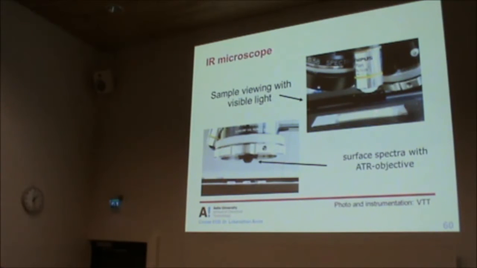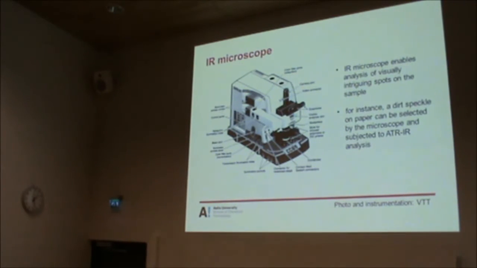So first you see where the measurement is happening through the optical microscope, and then you rotate the whole objective setup so that the infrared spectrometer setup comes into focus. Okay, this is one good way of being sure where you're doing the measurement. Here is the actual setup. Okay, I think this is an instrument that is available in VTT.